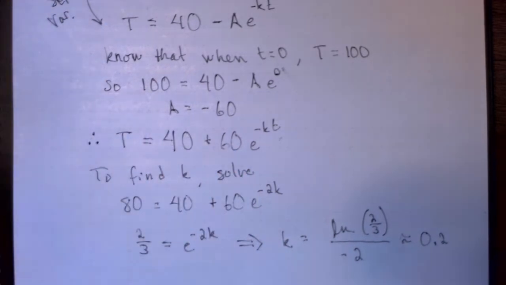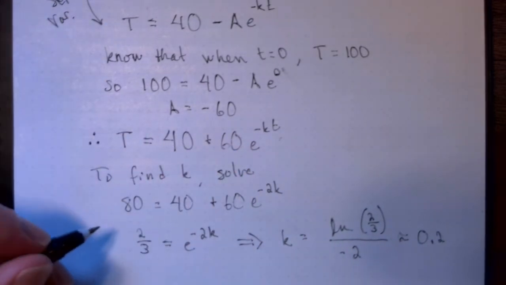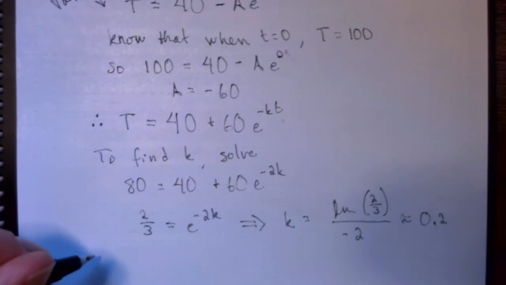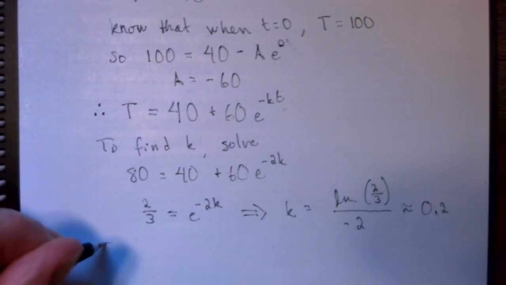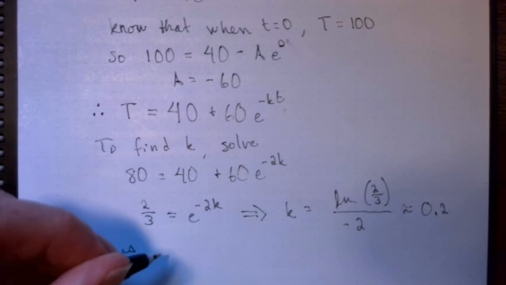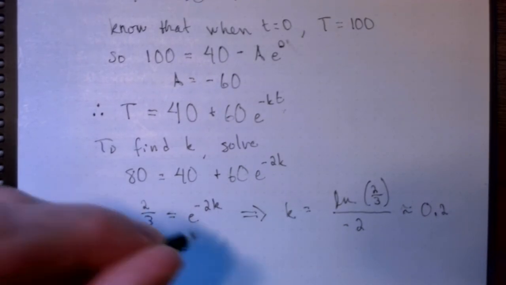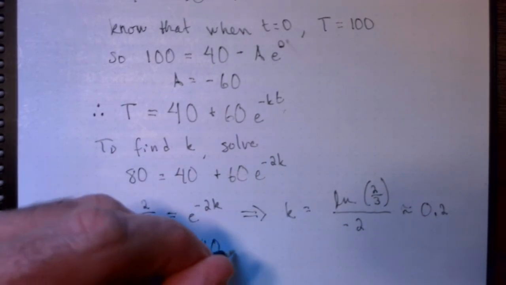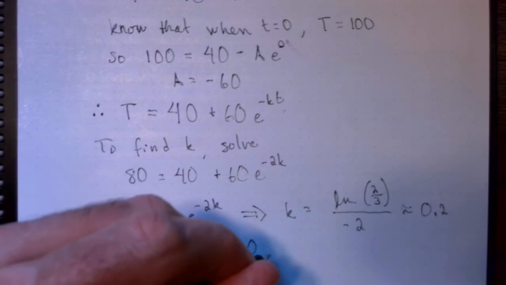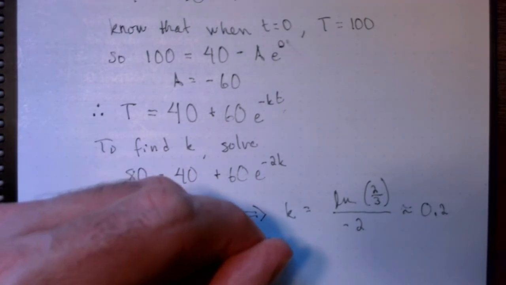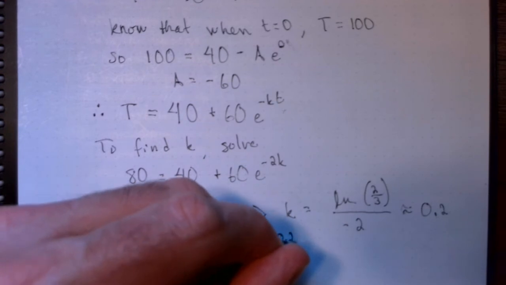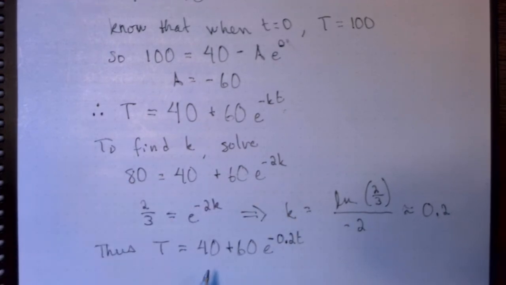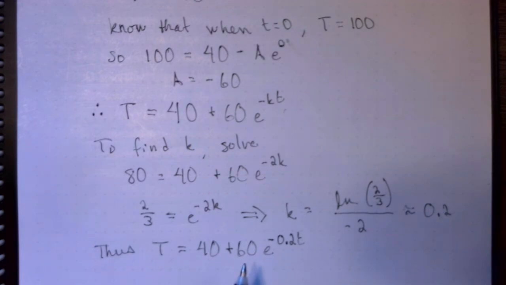So that's our k value. And that lets us get the function for temperature, 40 plus 60 e to the negative 0.2 t. So this expression right here will tell me the temperature of the metal at any time t.